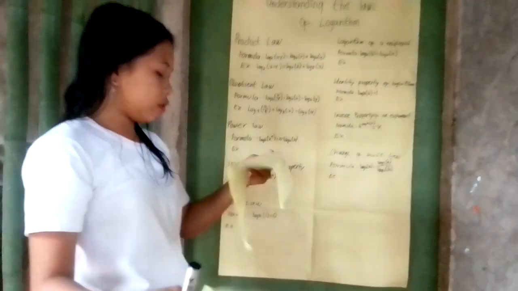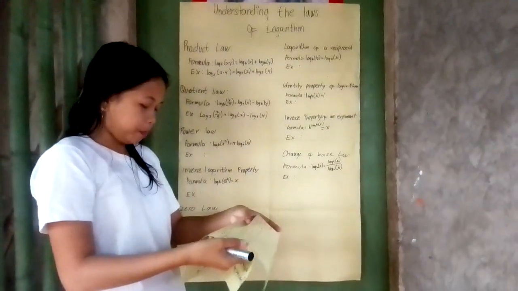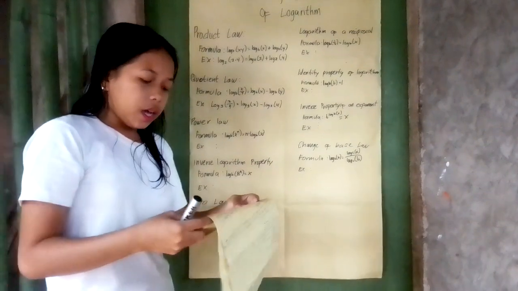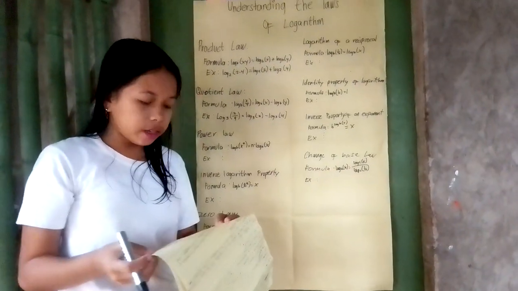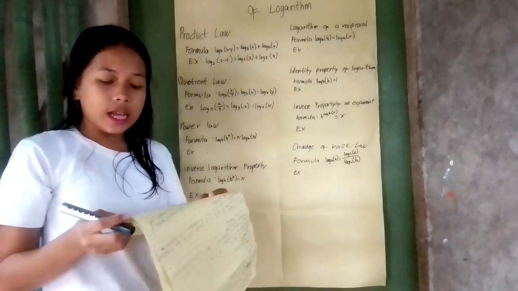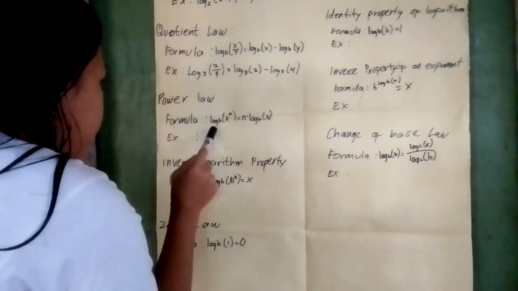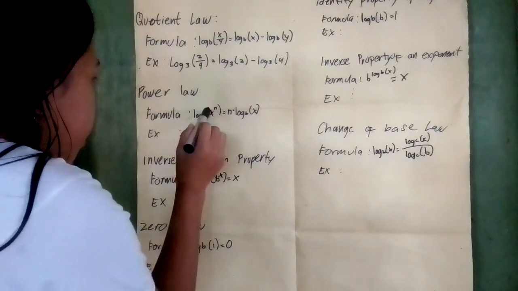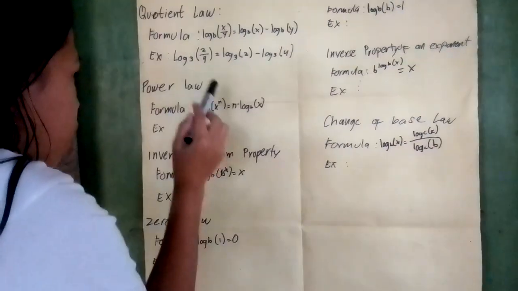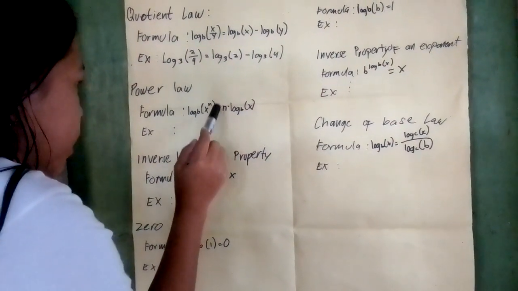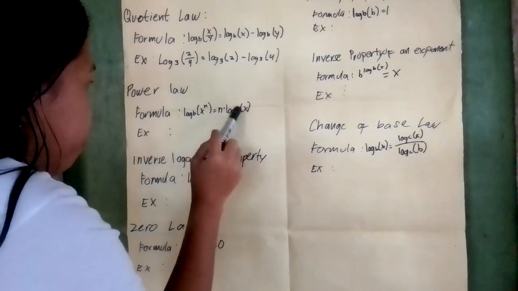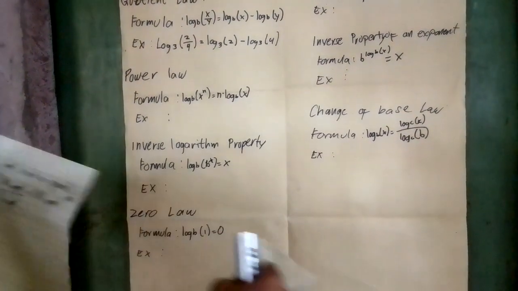Okay, now let's proceed to the power law. This law states that the logarithm of a number raised to a power is equal to the exponent times the logarithm of the base. So the formula of the power law is log base b, quantity of x to the exponent of n equals n times log base b, quantity of x.